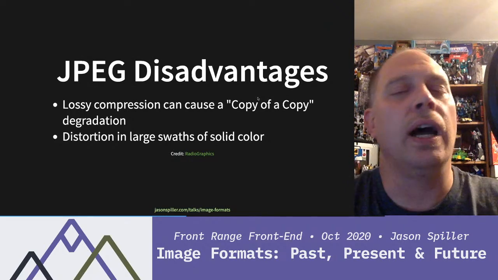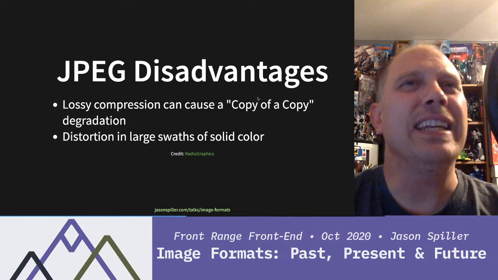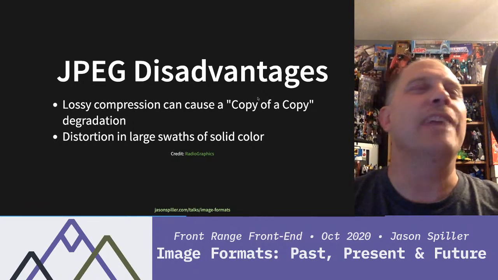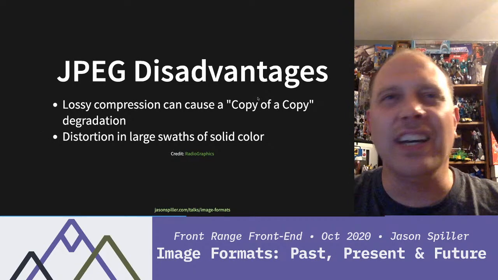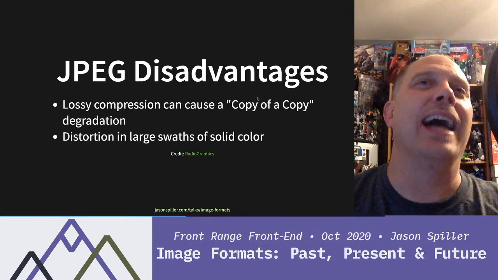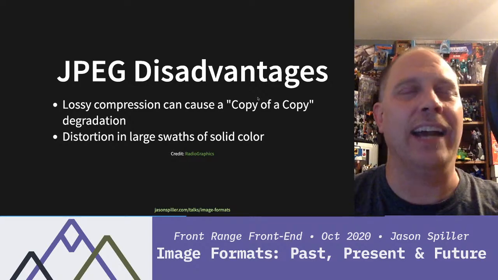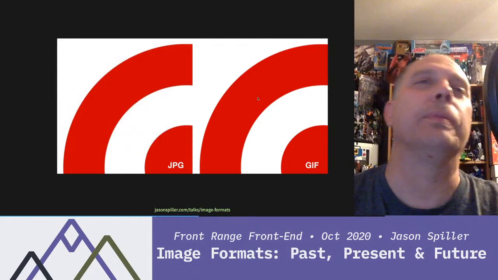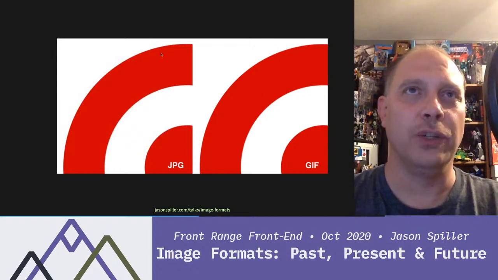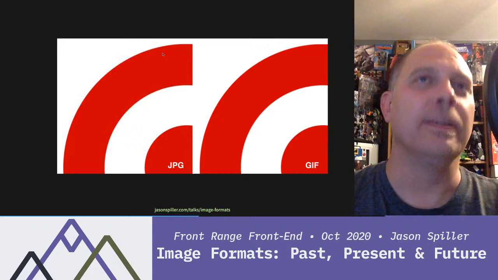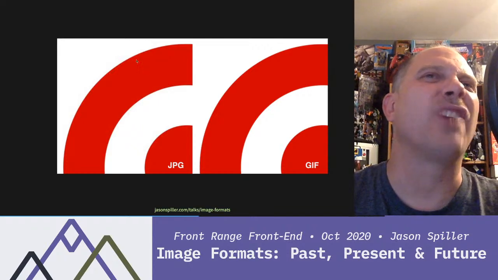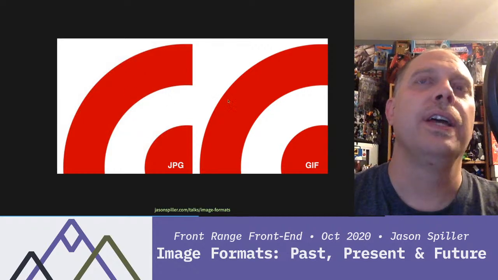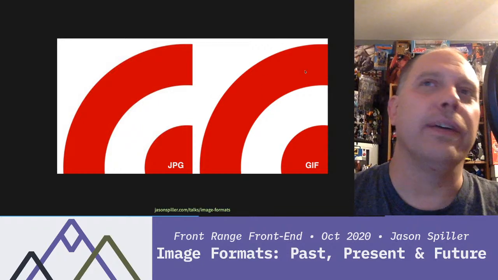Another disadvantage of JPEG was even if there was a large swath of solid color in an image, it would still compress it and work its magic, and you would no longer have flat areas of color. Now I realize this might be kind of hard for people to see on YouTube like this, but here you can see on the left the JPEG where you're getting this artifacting in what should be a solid color, with GIF nice solid flat color.